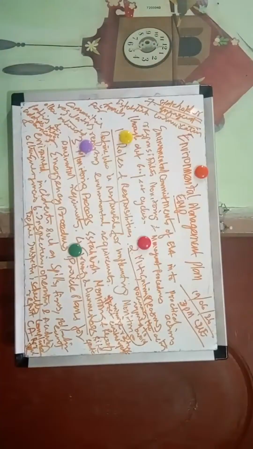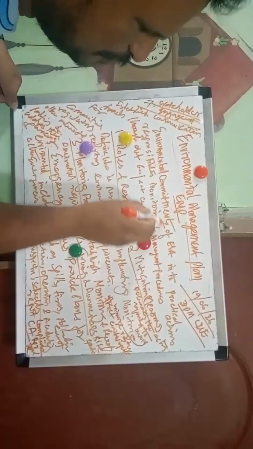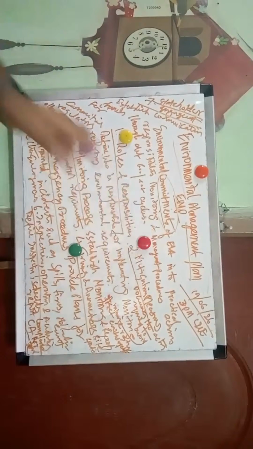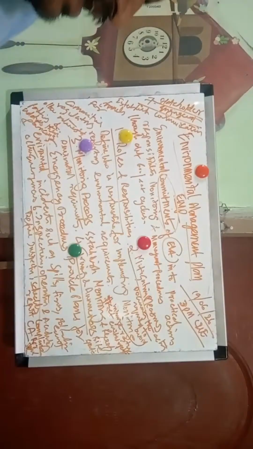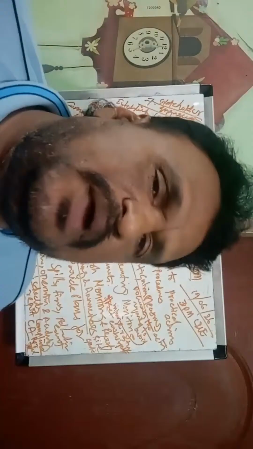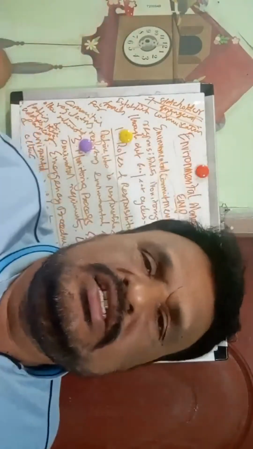So the environmental management plan, EMP, is a commitment of EIA with practical actions. What kind of environmental commitments? The environmental commitments to the legal bodies, as I told you, the Environmental Ministry, Pollution Control Boards, or statutory regulatory boards.